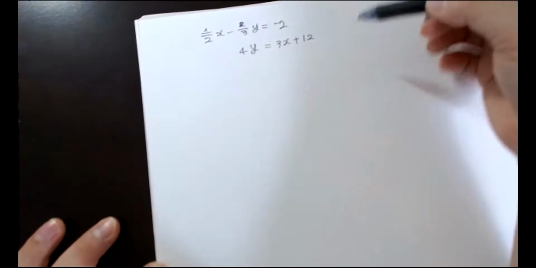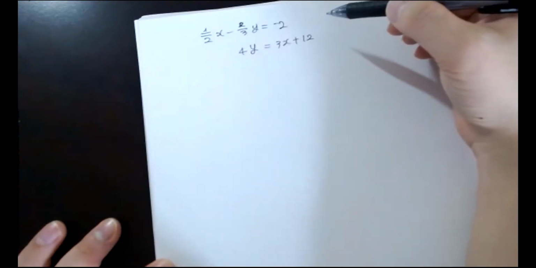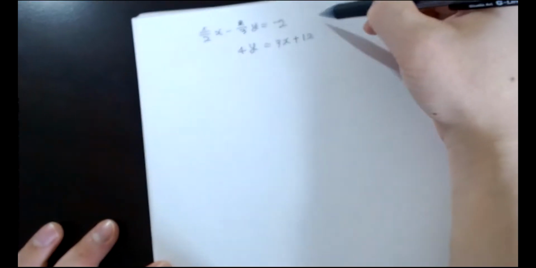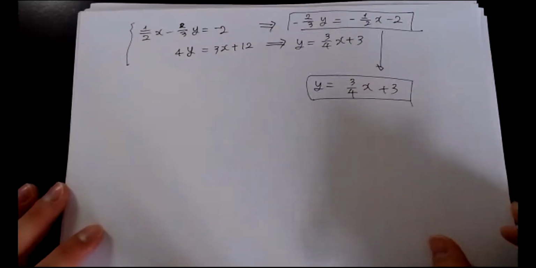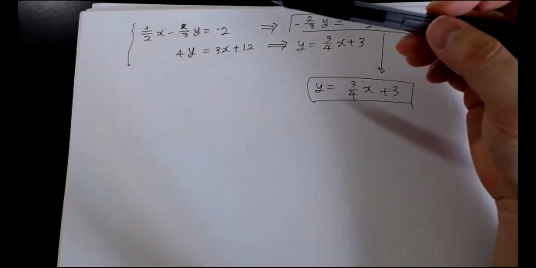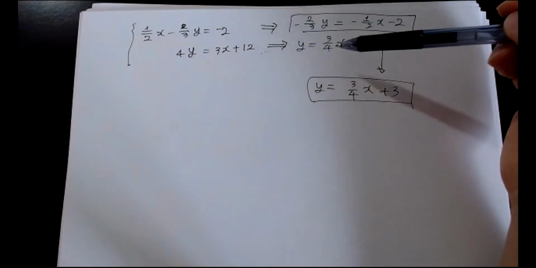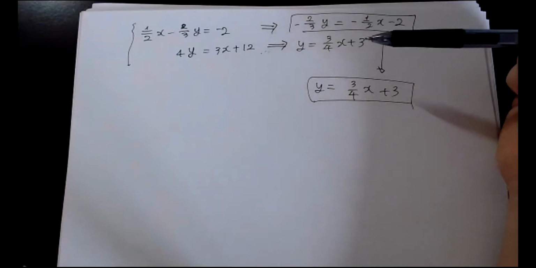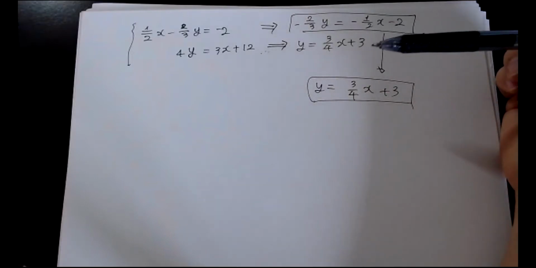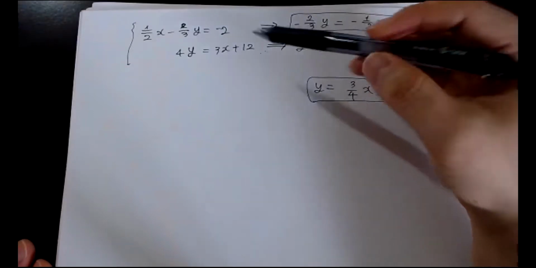Okay, I want to convert both equations to slope-intercept form. For the second equation, it's easy to isolate y, so we just divide by 4.